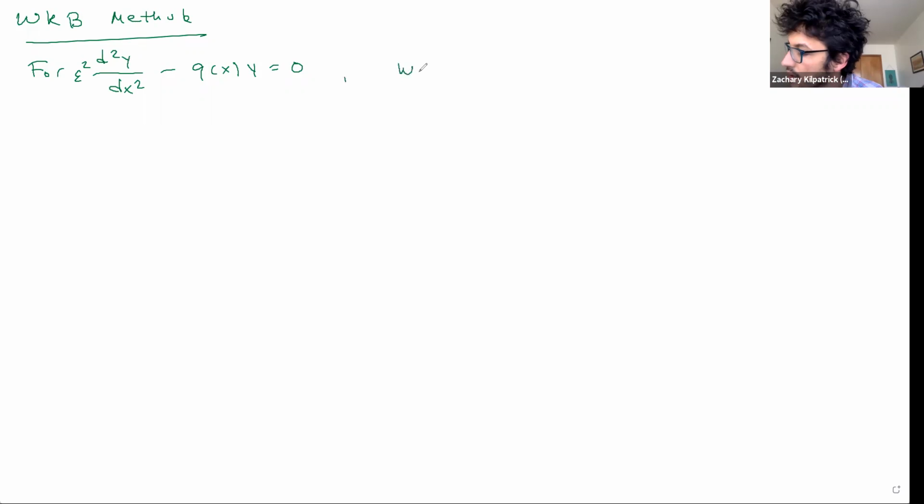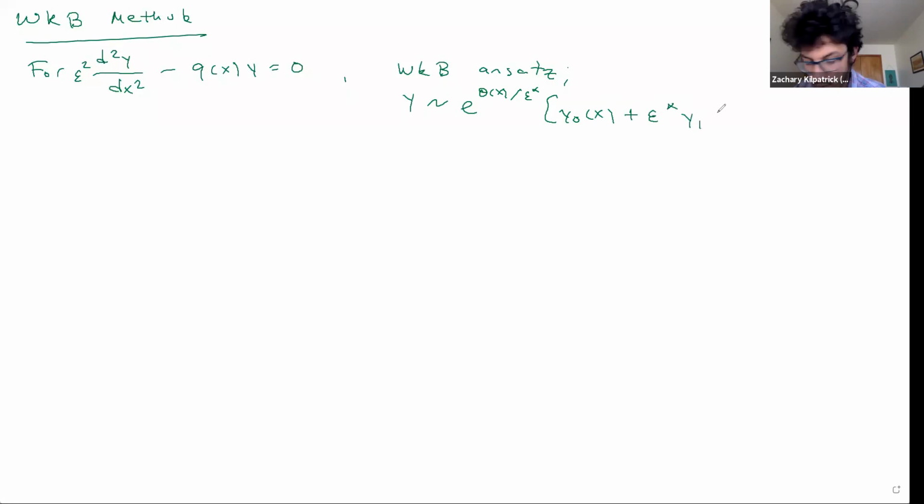The WKB ansatz is that you assume y has the form y is asymptotically approximated as e to the theta of x over epsilon, times epsilon to the alpha, y0 of x plus epsilon to the alpha, y1 of x, and so on, as epsilon goes to 0.